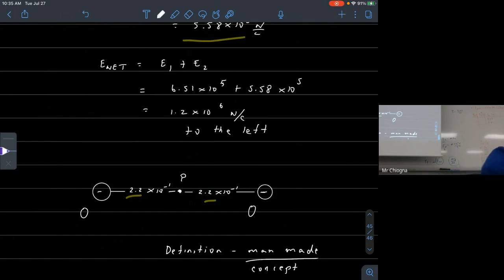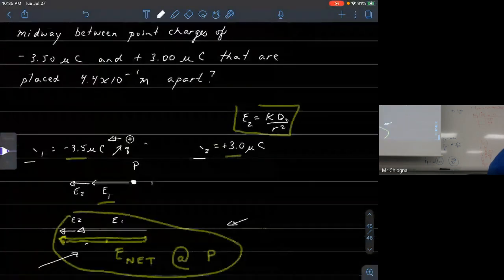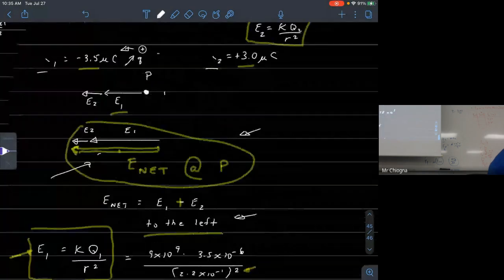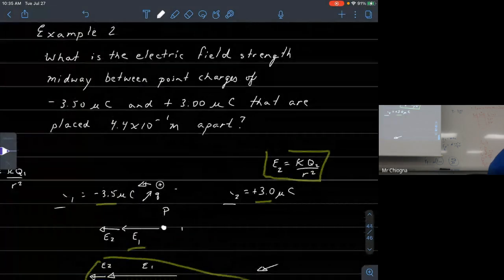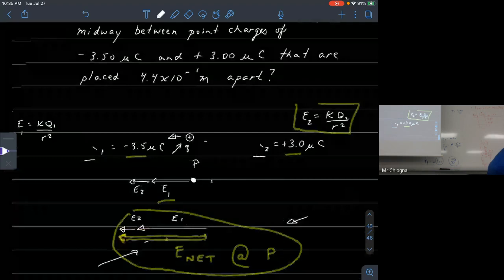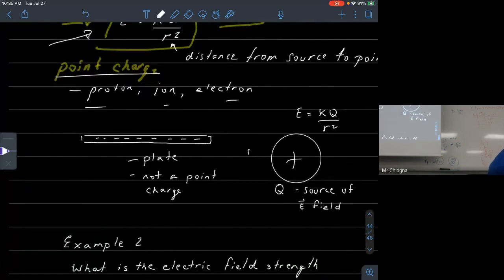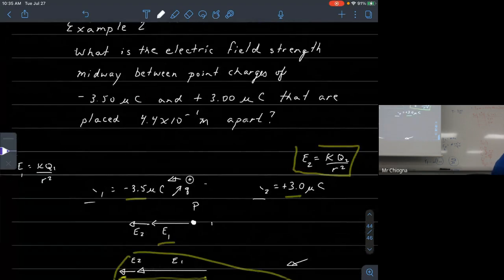If you change this to a negative, then it's what I said earlier. Where is it? I think I erased the original diagram. Yeah, the original diagram got erased. I think I cut it out. Great.